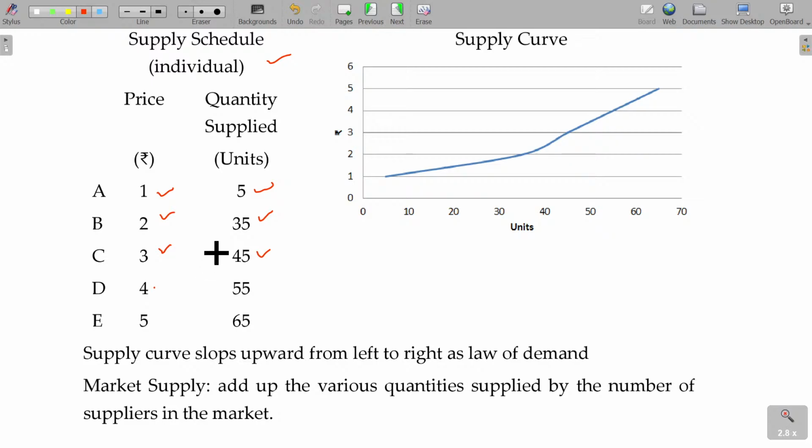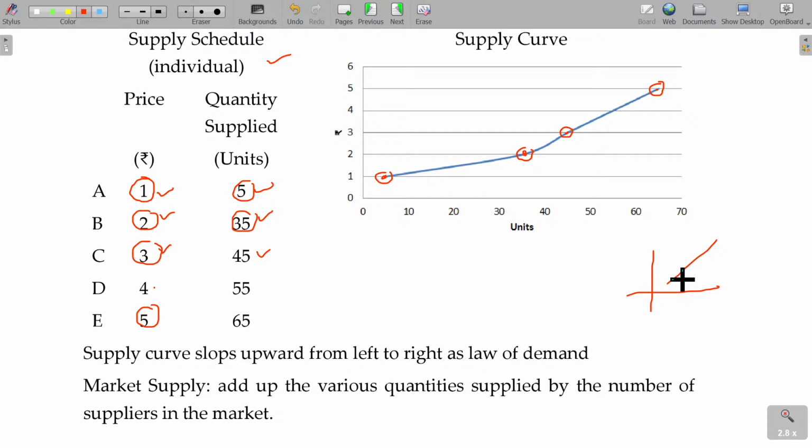If you plot that on a supply curve, when the price is 3, quantity supplied is 45, and when the price is 5, it is 65. If you connect the dots, the supply curve will look like this.